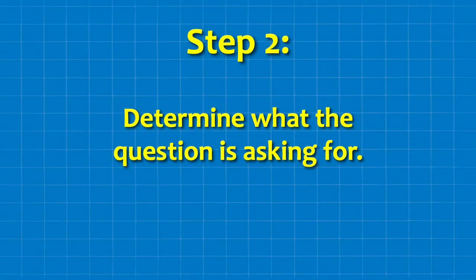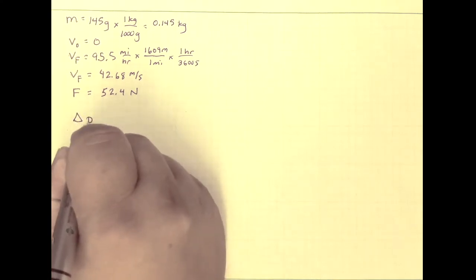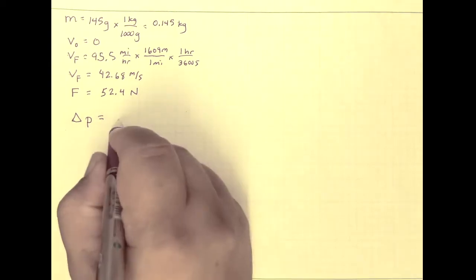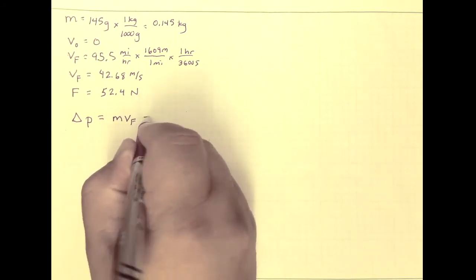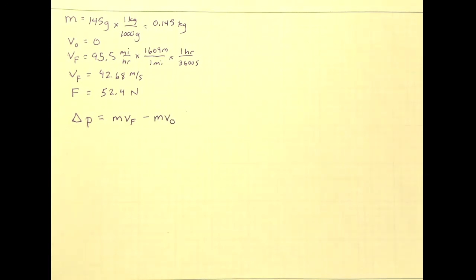The next step is to read the problem again and figure out what the problem is asking us for. For at least the first part of the problem, we are asked what is the change in momentum for the baseball, delta P. And we know that means that the mass times the final velocity minus the mass times the initial velocity is the change in momentum.